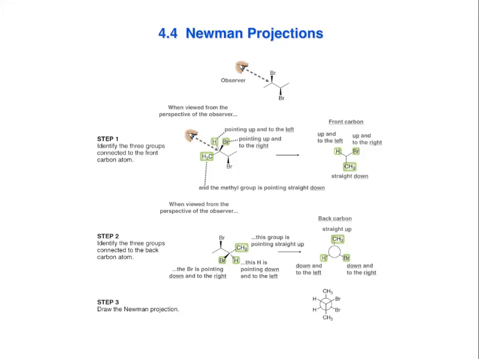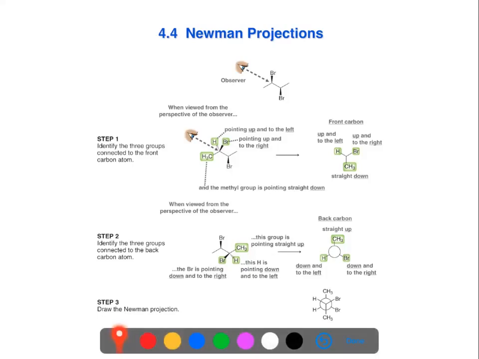So let's look at an example of how we could convert a three-dimensional bond line structure to a Newman projection. In this example, we have 2,3-dibromobutane as our three-dimensional structure that we want to convert. The first thing we need to do is identify which bond we're looking down.